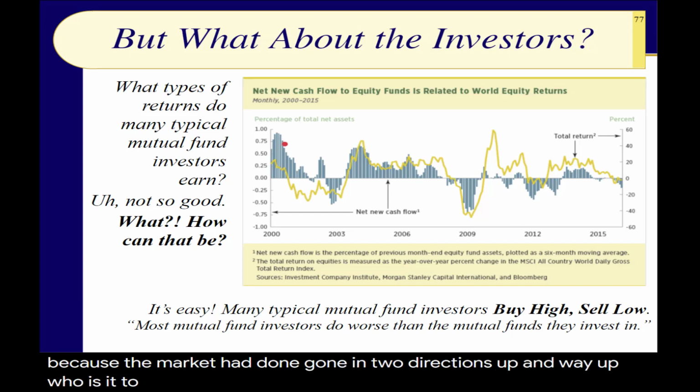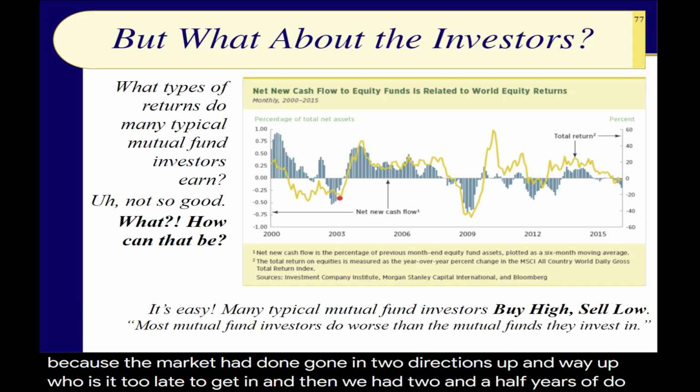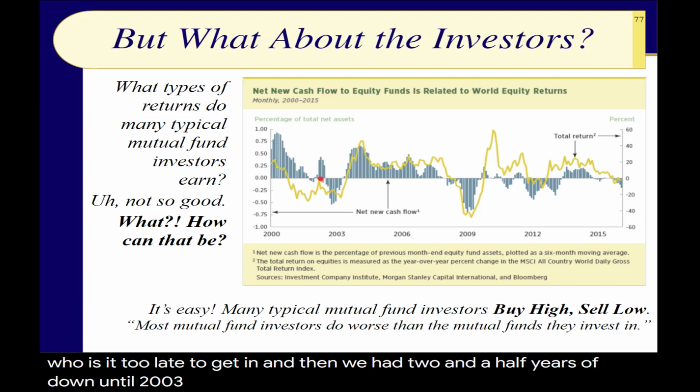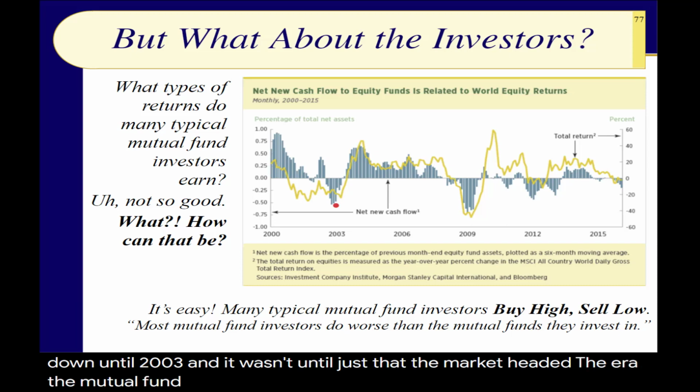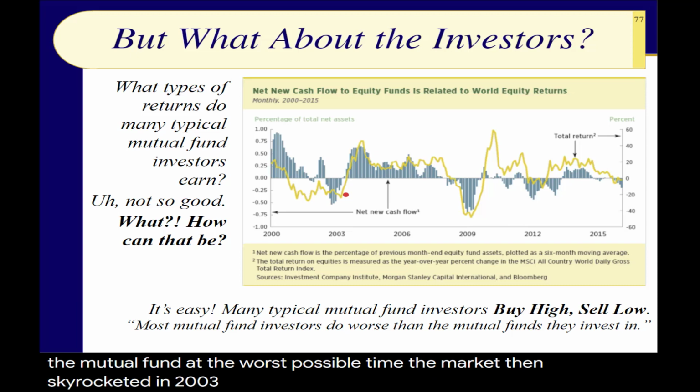"Ooh, is it too late to get in?" And then we had 2.5 years of down until 2003, and it wasn't until just at the market's bottom that people started pulling their money out of the mutual funds, at the worst possible time. The market then skyrocketed in 2003, and what did people do?